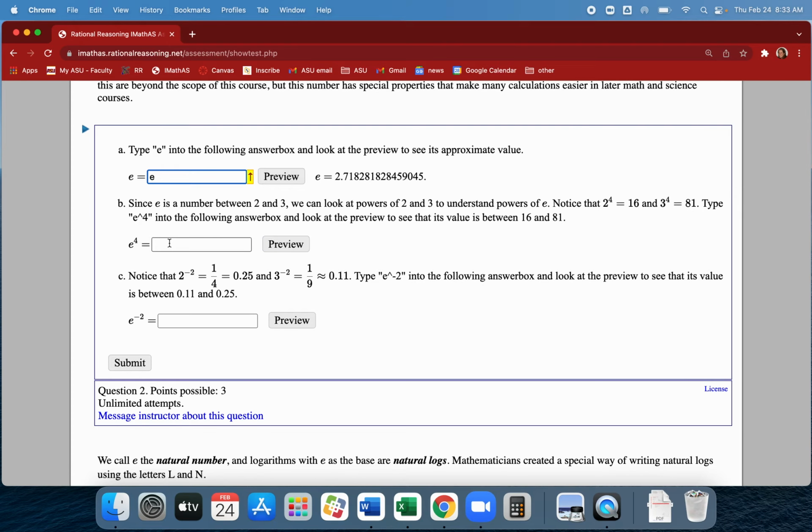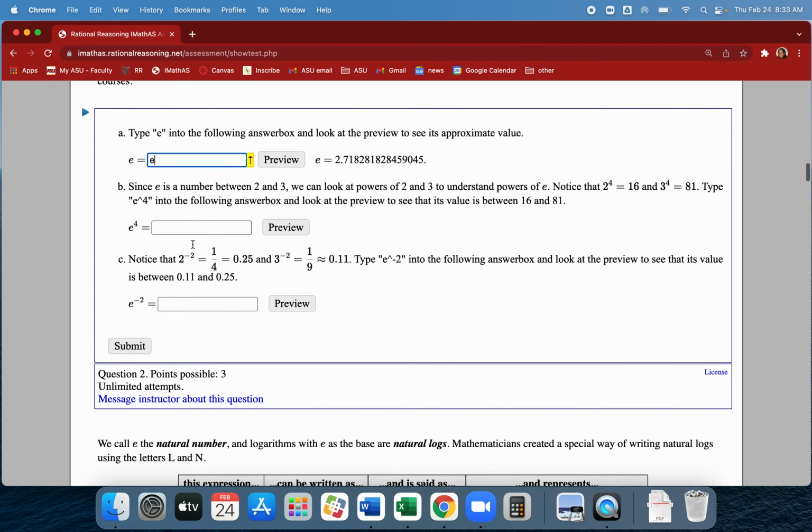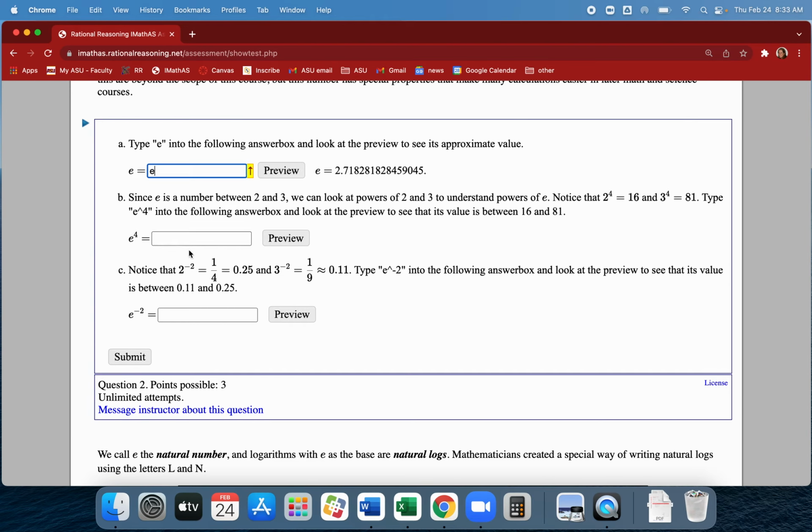So we can approximate values of it. It's between 2 and 3, like I said, so something like e to the 4th, which is what this asks us to type in, is more than 2 to the 4th, 16, but less than 3 to the 4th, 81. So, okay, that makes sense.